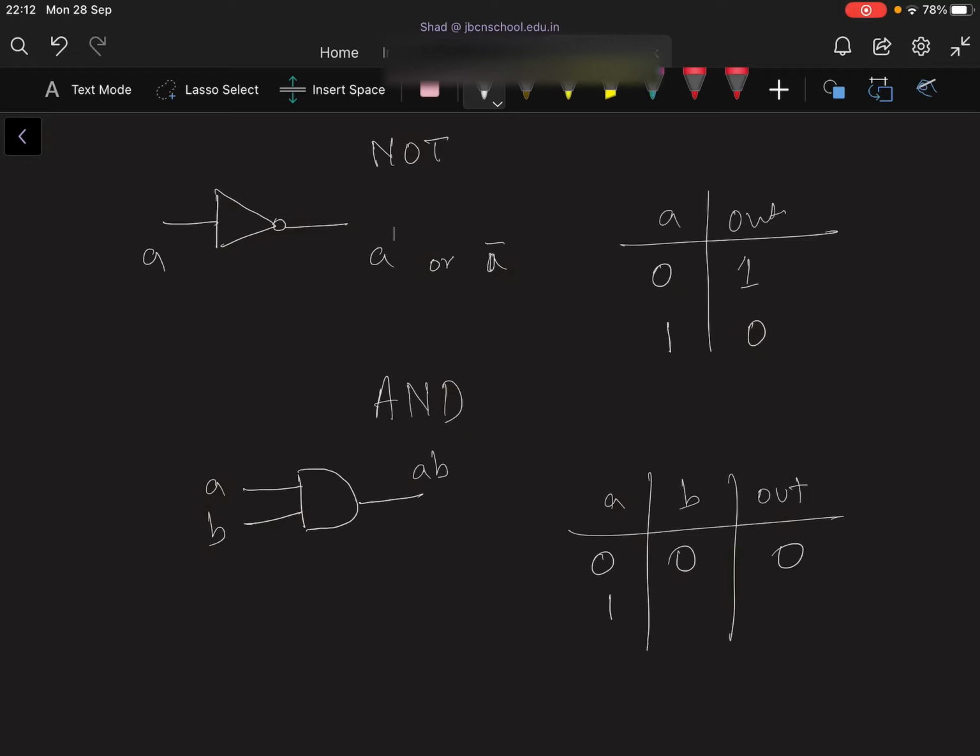If A is on but B is off, still it will give you an off state. If A is off and B is on, still it will give you an off, because we are talking about AND. So here if A is on and B is on, that is 1 1, then you have 1. So that is your AND gate.